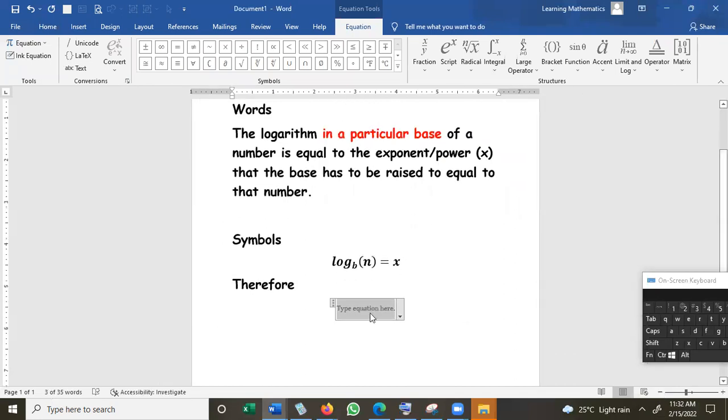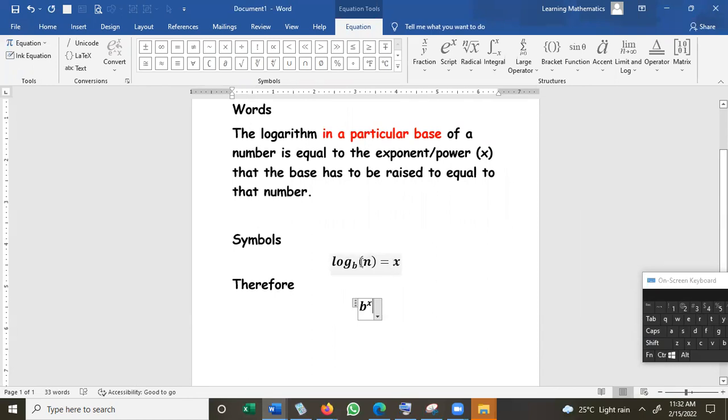Because this is saying that the base has to be raised to that x, because that x now is an exponent.